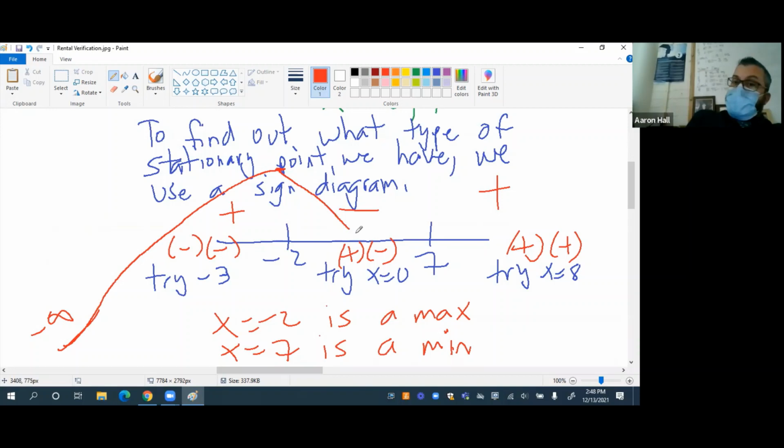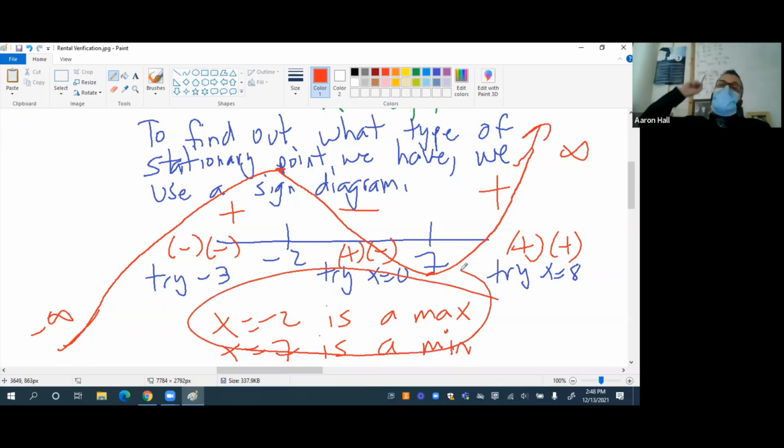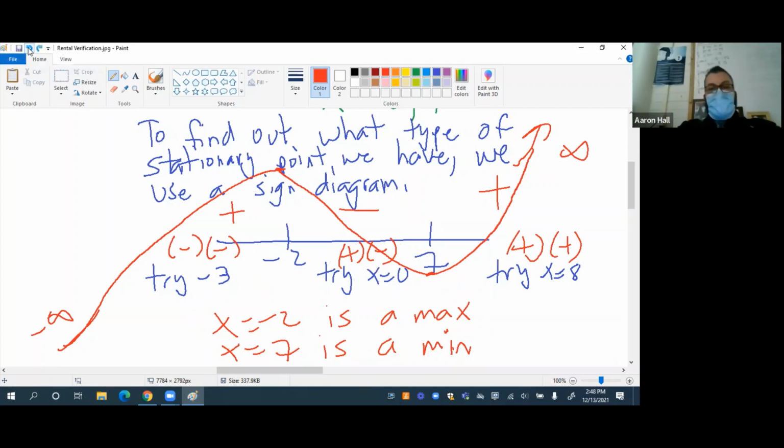Then it becomes negative to this point here, and then becomes positive. When does it stop being positive over here? It doesn't. We go all the way to infinity there. So are these local or global max and mins? They're local. For both of them.